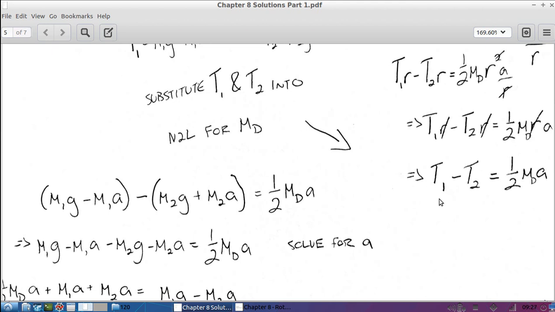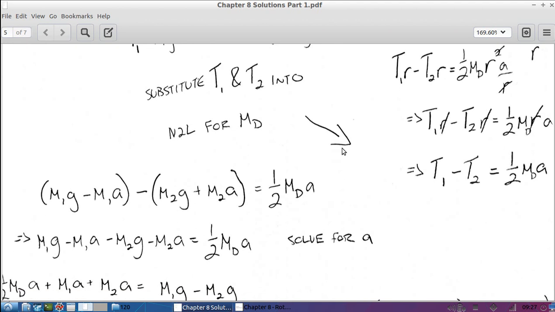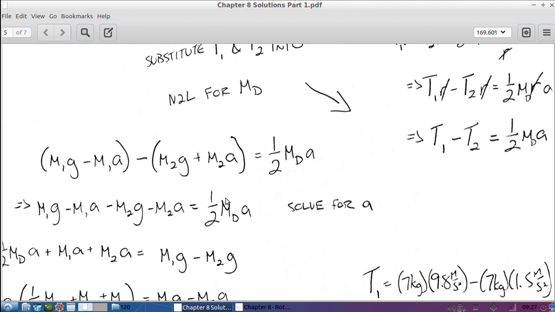Now this is ready for me to substitute these two expressions in for T1 and T2. So this is my expression for T1, it's going in right here. This is my expression for T2. It's got more than one term, so I'm going to be careful, be a good algebra person, and put my parentheses in there. Substitute it in there.